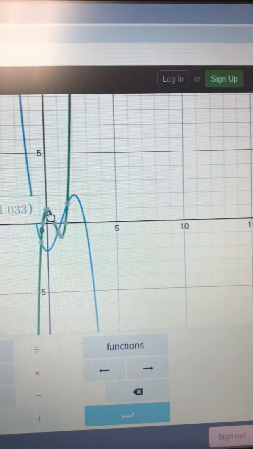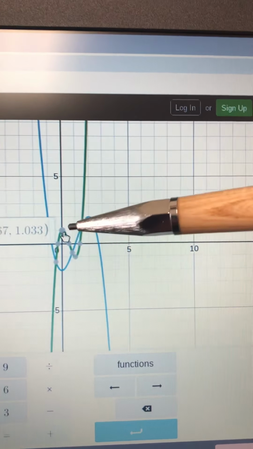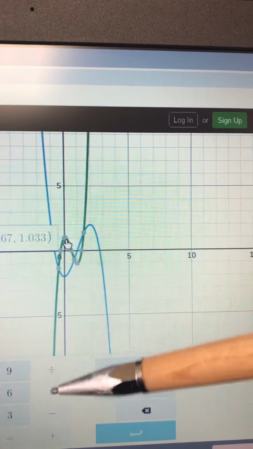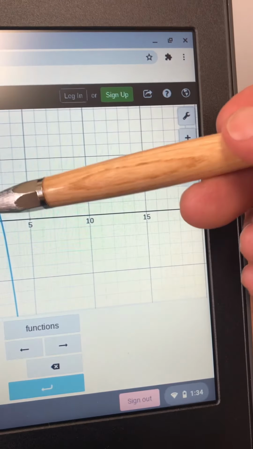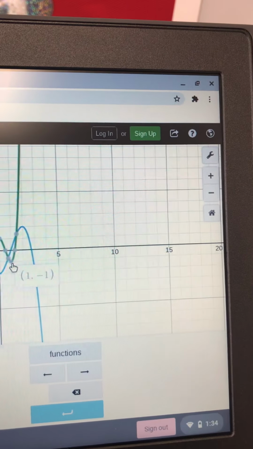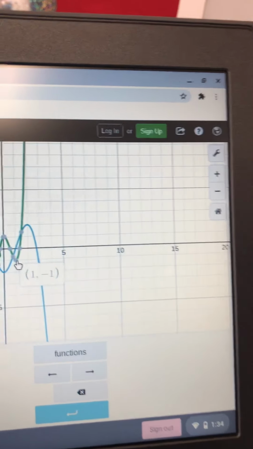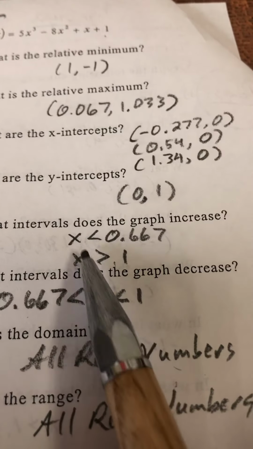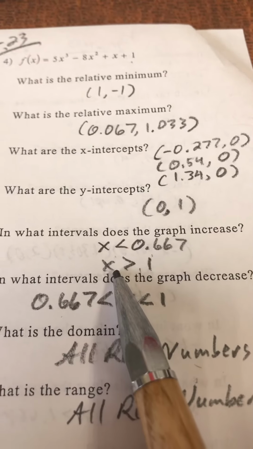I got a couple numbers in there that are real close to one another. So when it's less than this, it's coming up, it's increasing, right? And then when x is greater than that x value, 1, when it's greater than 1. So less than this much and more than this much, 1.